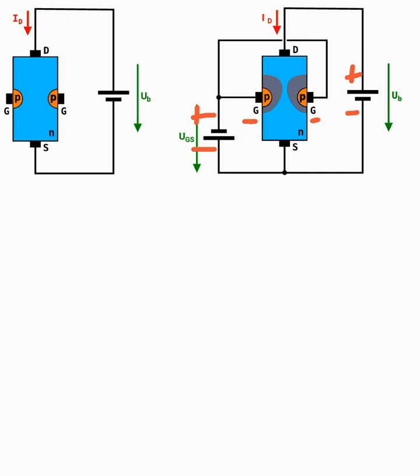Because of that, the depletion regions on either side get narrower, and there is a wider channel opening that allows a large amount of current to flow from drain to source.